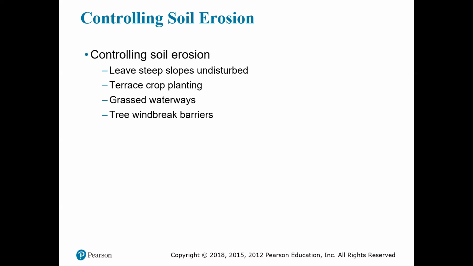On gentle slopes, we can plant areas that allow for drainage, but try to follow the contours of the land. Grassed waterways. So this would be in between crops. Instead of leaving it bare soil, plant grass there, which is going to help prevent the topsoil from washing away. And then to protect from wind erosion, you can plant small trees or shrubs that act as barriers to wind.